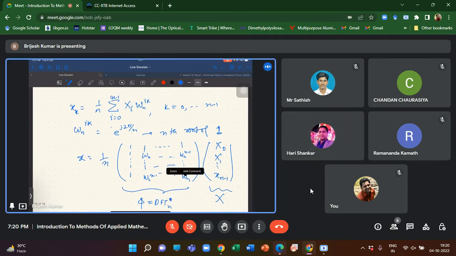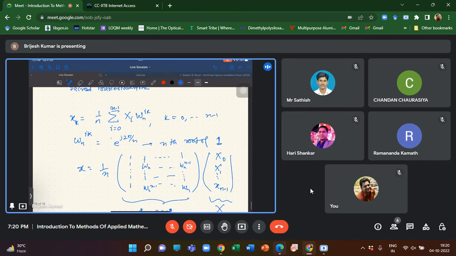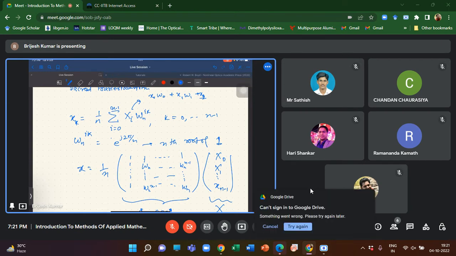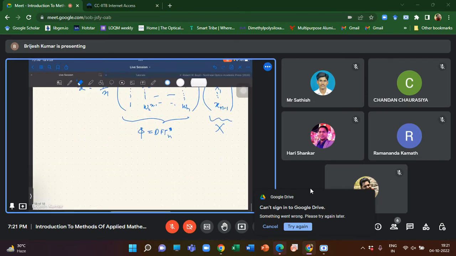So here, if you expand this one, how will we get it? x0 w0, plus x1 w1, similarly x2, and so on up to index n minus 1. I will expand here.